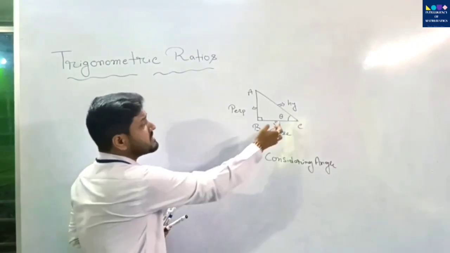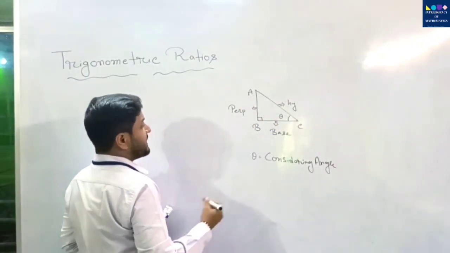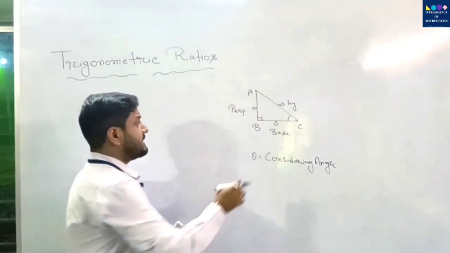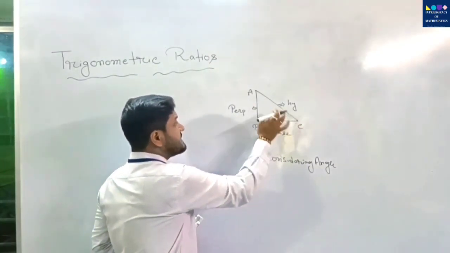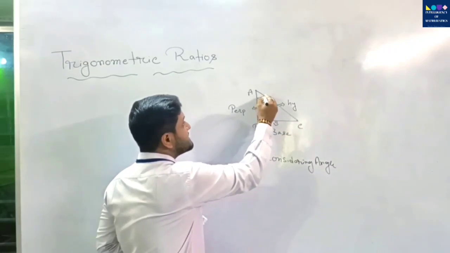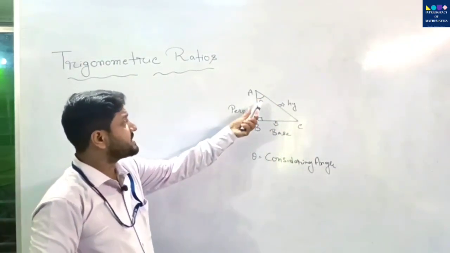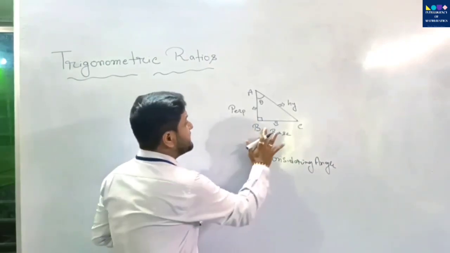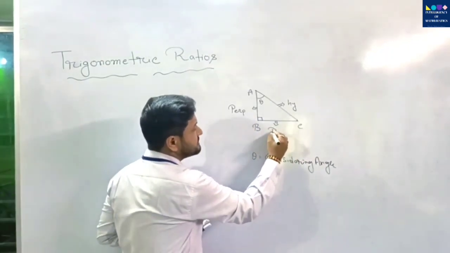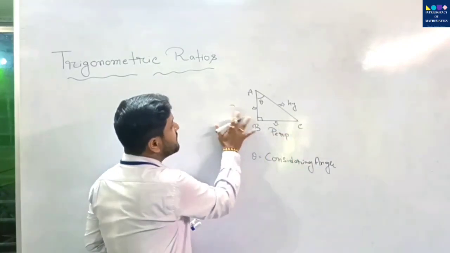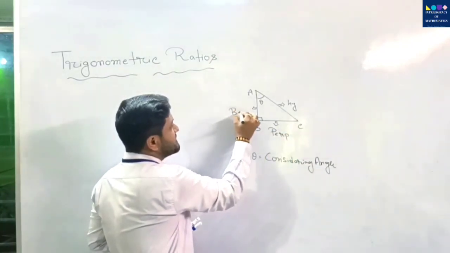Now if we change this considering angle, if theta is no more here and we are considering this other angle as theta, then perpendicular will be this side and this side will become base.